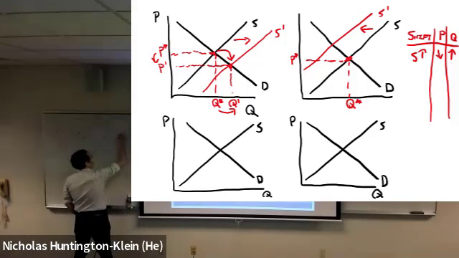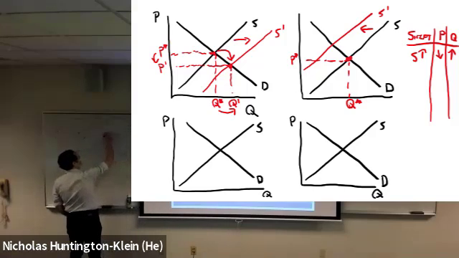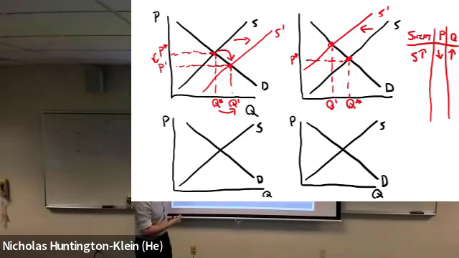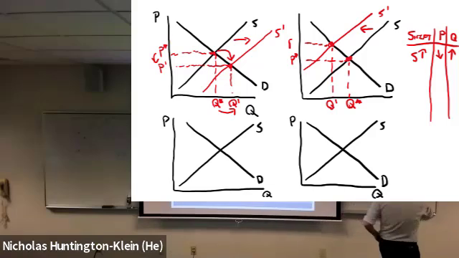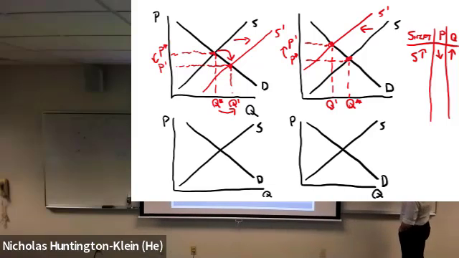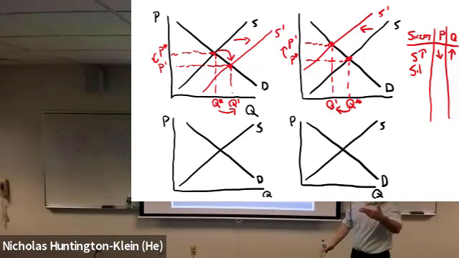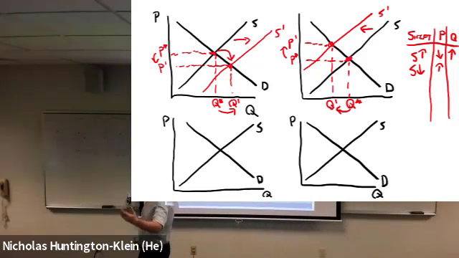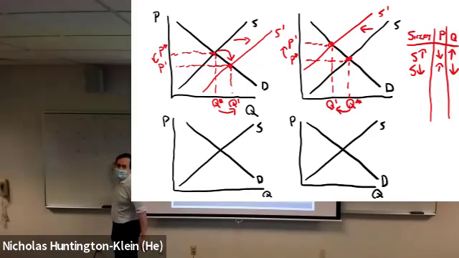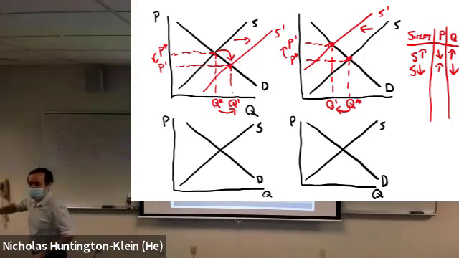Here's our S prime. Here's our new equilibrium. The exact same thing, just in reverse, right? So if supply goes down, you get an increase in price and a drop in quantity. I really don't want to sell you this thing anymore, so I'm going to sell you less of it. Quantity goes down, and you're going to have to pay me more to get me to do it. So price goes up.